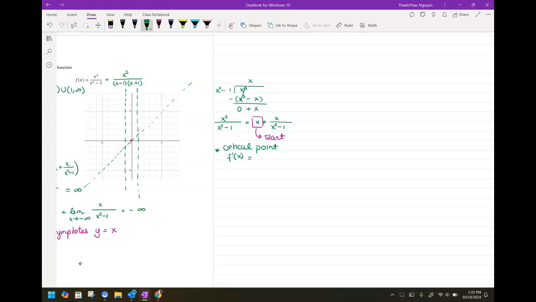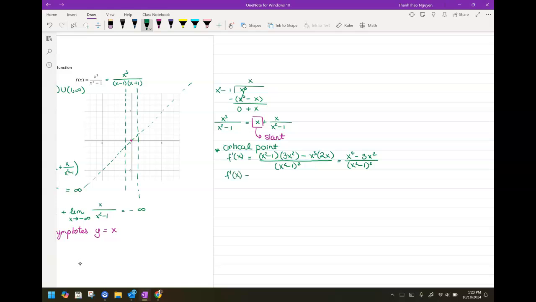So we have x squared minus 1 times 3x squared minus x to the third times 2x, divided by x squared minus 1 squared. This simplifies to x to the fourth minus 3x squared divided by x squared minus 1 squared.